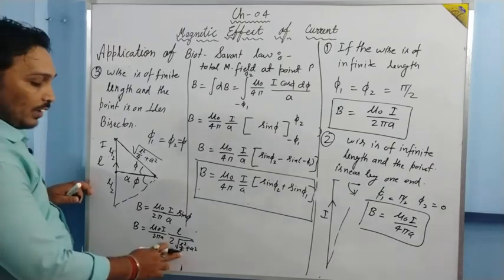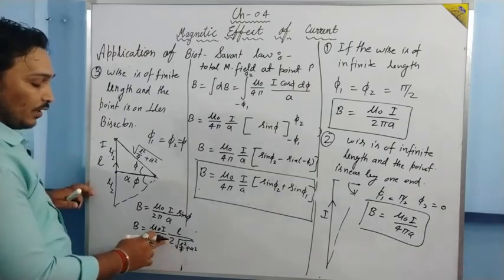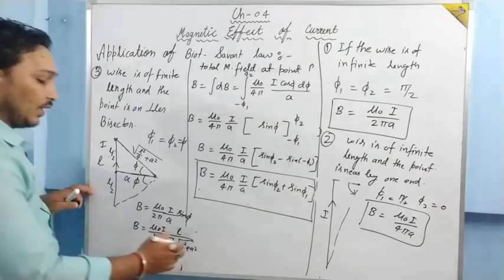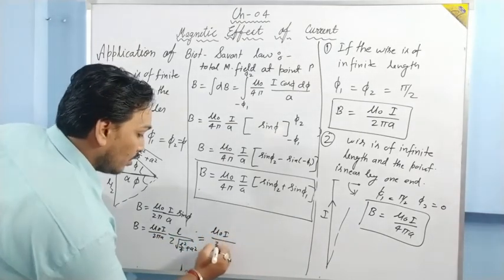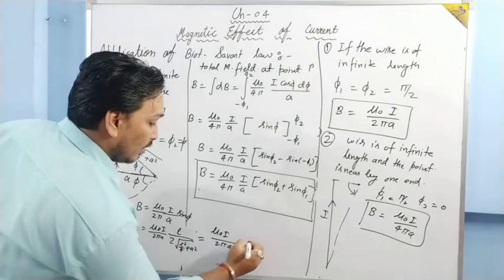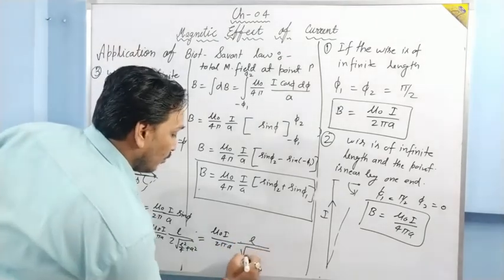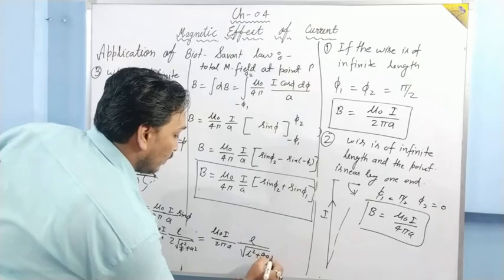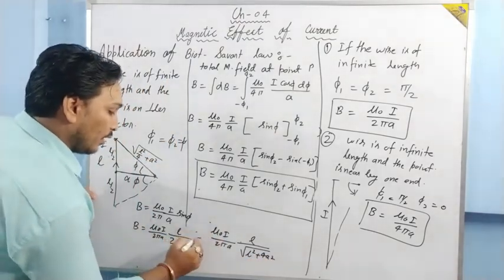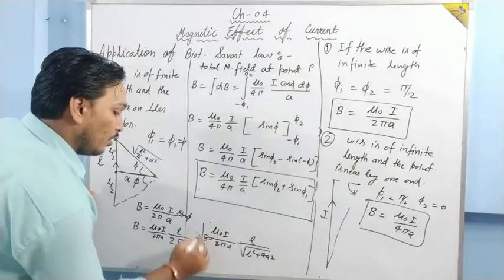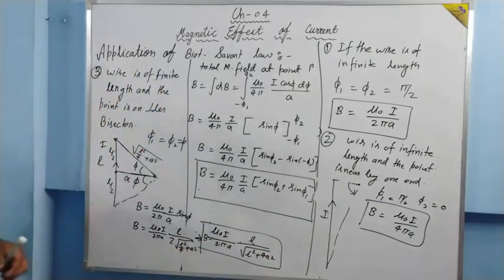Further, this 4 can be taken as common and it will come out, and 2 and 2 will be cancelled out. We will get mu naught I upon 2 pi a into L upon under root L square plus 4a square. So this is the value of magnetic field due to a finite length of wire, right?